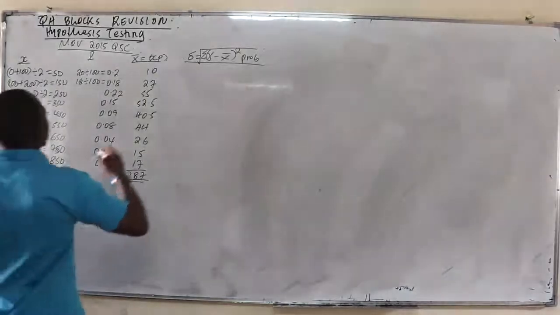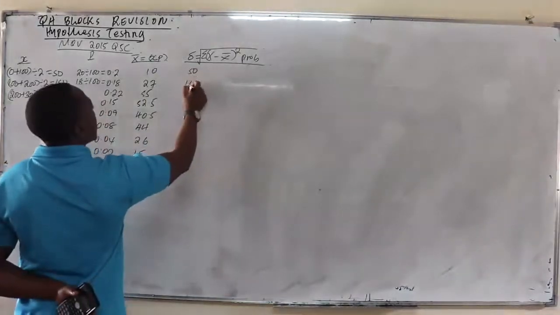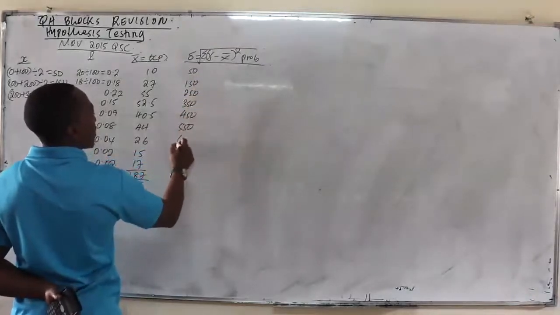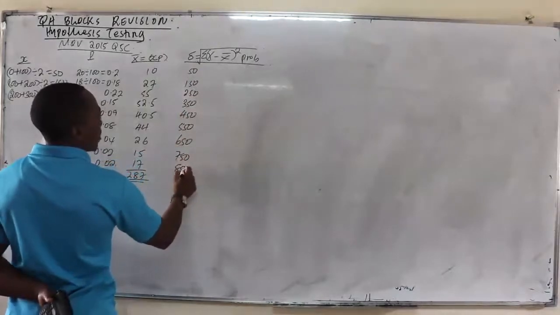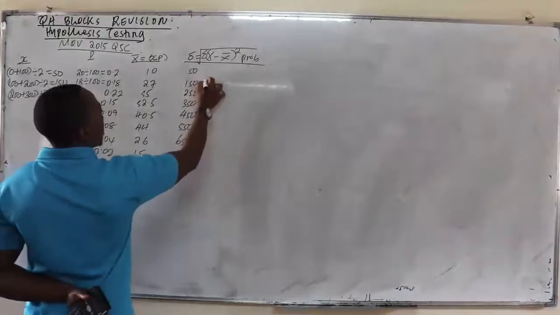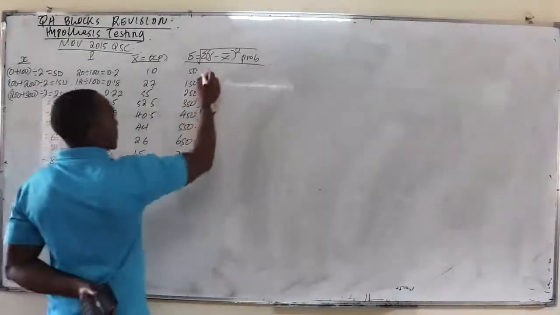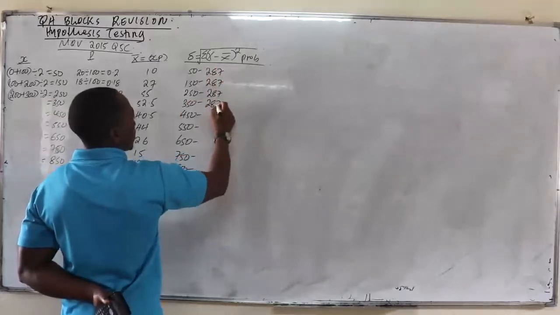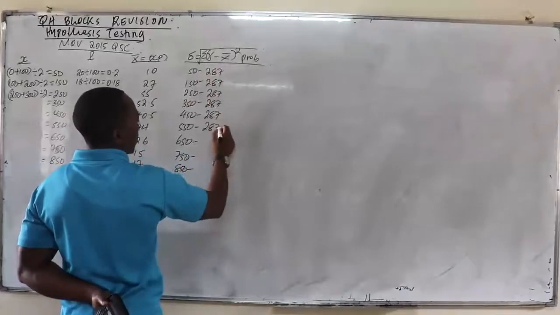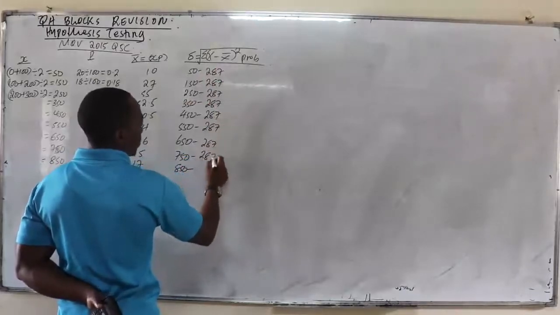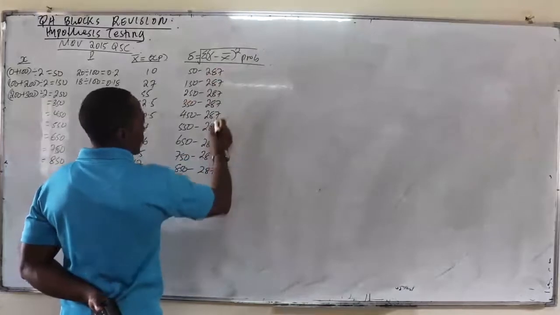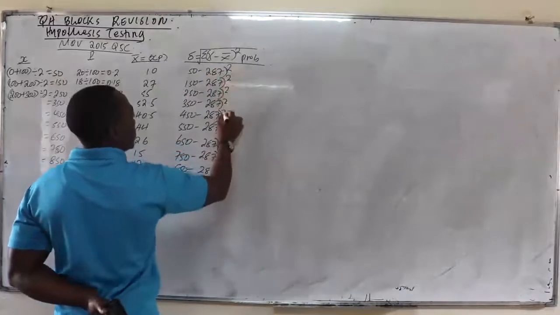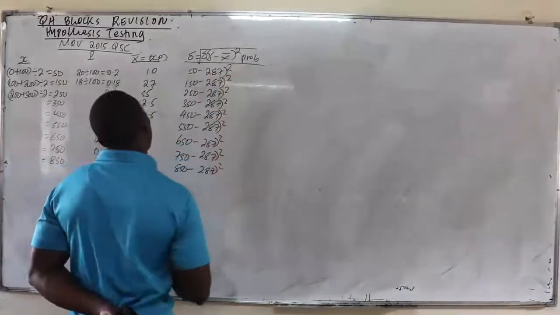Then let's get the standard deviation. You take your X, and the X we had was 50, 150, 250, 350, 450. Then you deduct X bar, and our X bar was 287. Then you multiply by the probability.